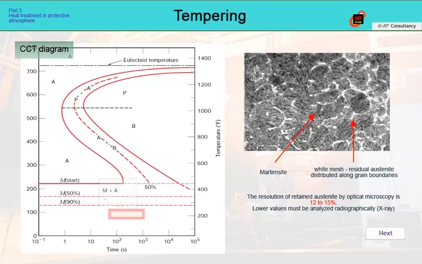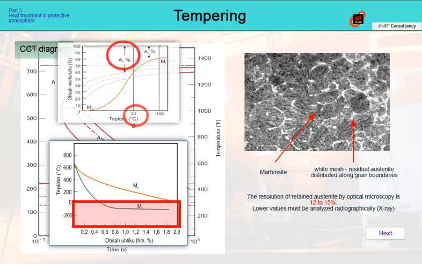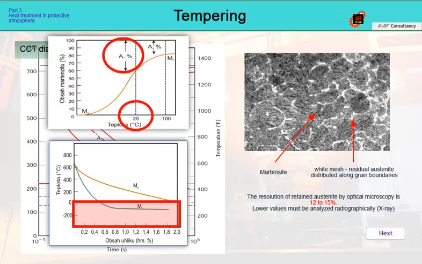An example is this diagram, where it can be seen that the steel has the martensite finish curve shifted to negative temperature values, and therefore with standard quenching into a quenching medium with room temperature or higher, full transformation of austenite will never be achieved. To complete the martensitic transformation, it would therefore be necessary to go to negative temperatures.